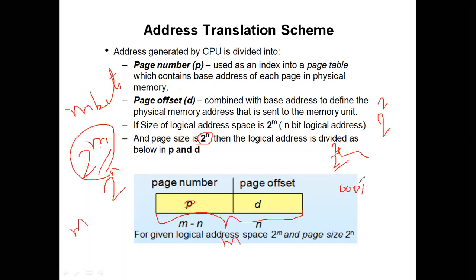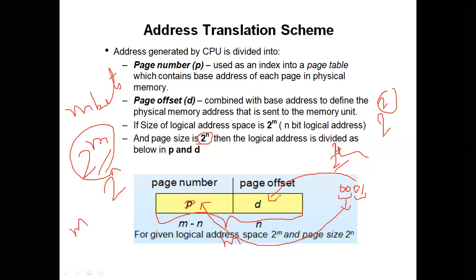Now, out of these 4 bits, n will be 2 here. So the top m minus n bits, that is 4 minus 2 is 2, the higher order 2 bits will be used as the page number. This is what P is, and the lower order n bits will be used as the offset in the page.